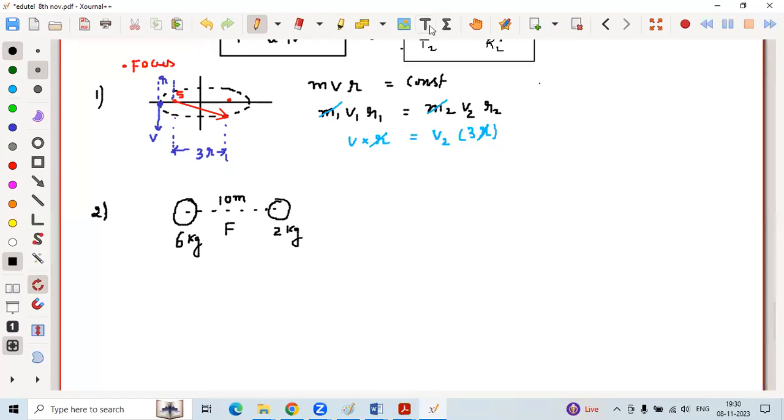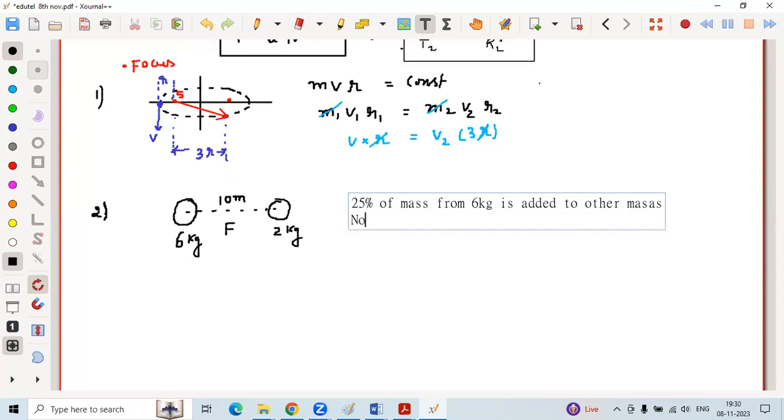Listen carefully. 25% of mass from 6 kg is added to the other mass. Now find the gravitational force of attraction between them. Now come on, write.